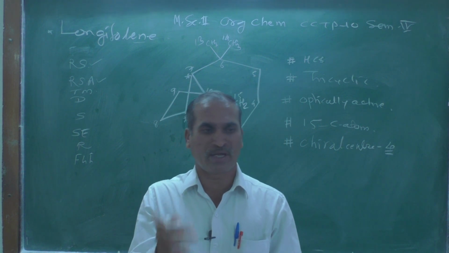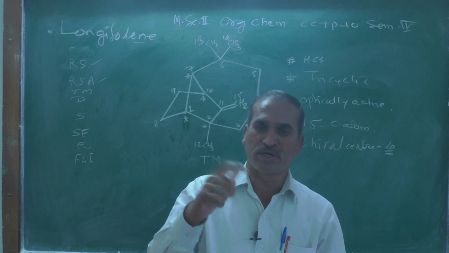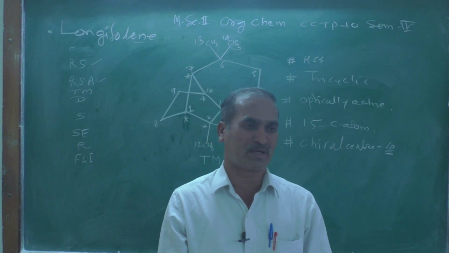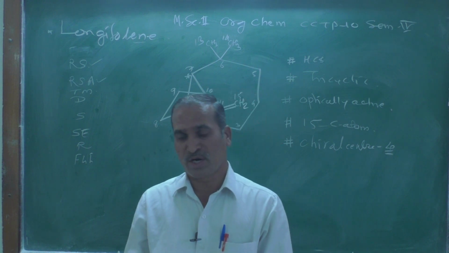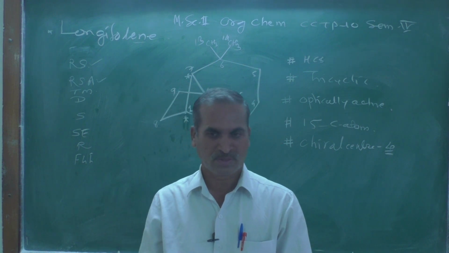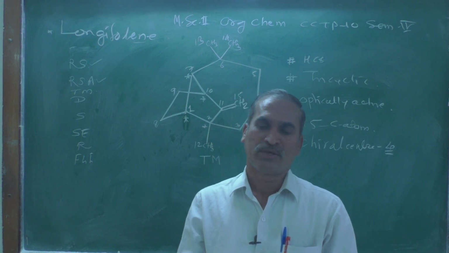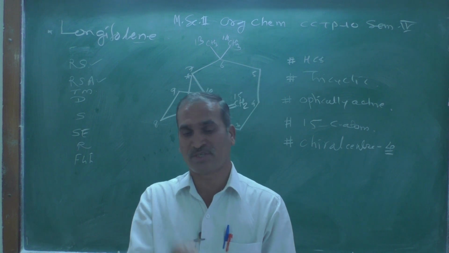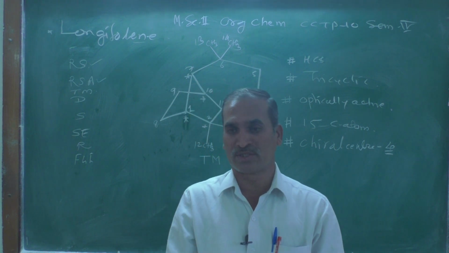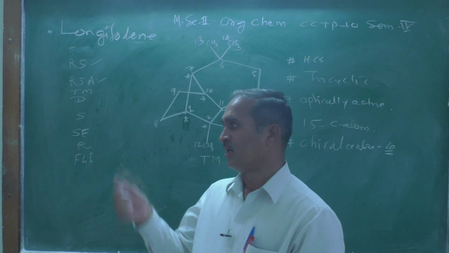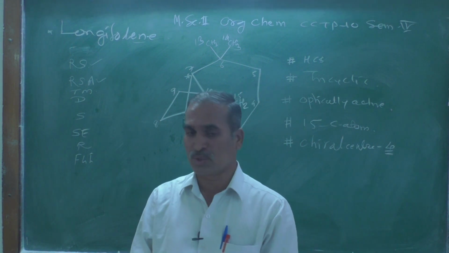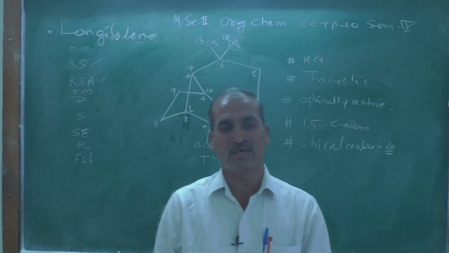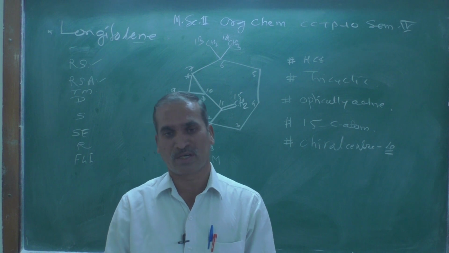The process of breaking down a target molecule into convenient starting material using disconnection and functional group interconversion is known as retrosynthetic analysis. If you have listened to this definition carefully, there are two important words involved: one is disconnection and the second one is FGI, functional group interconversion.